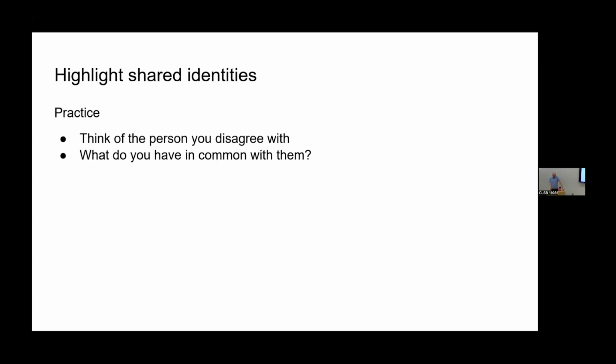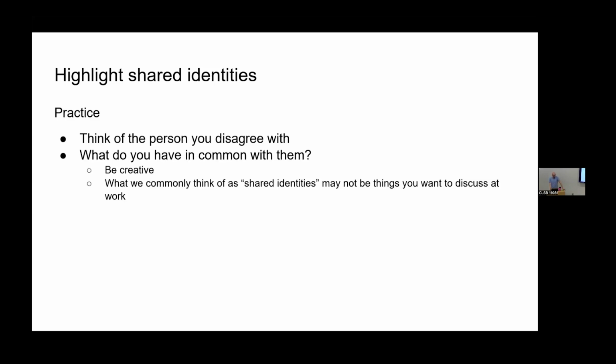So here's the prompt. I want you to think of the person you disagree with. If you brought a disagreement in mind, if you don't have a specific disagreement or argument that you're thinking of, just maybe think of a person that you're likely to disagree with in the future. And what do you have in common with them? Try and be creative.